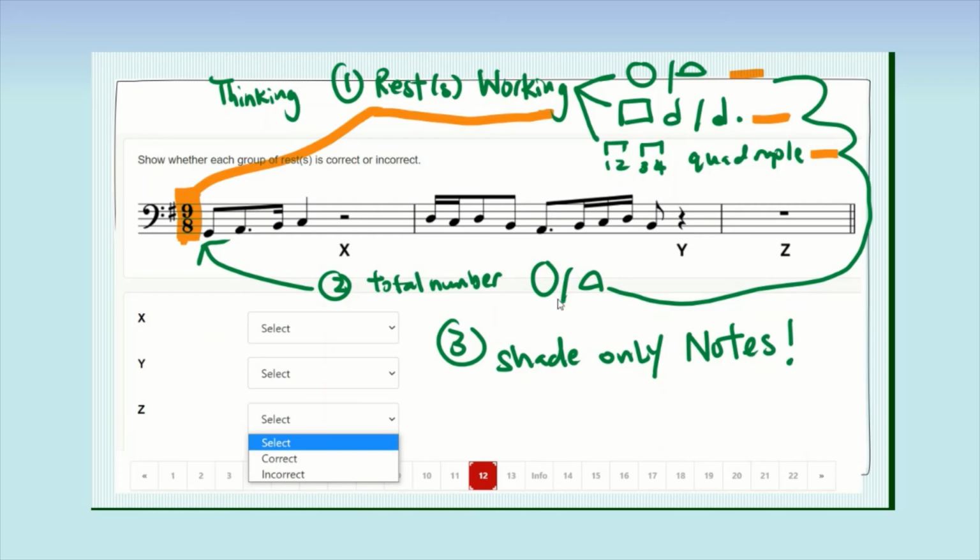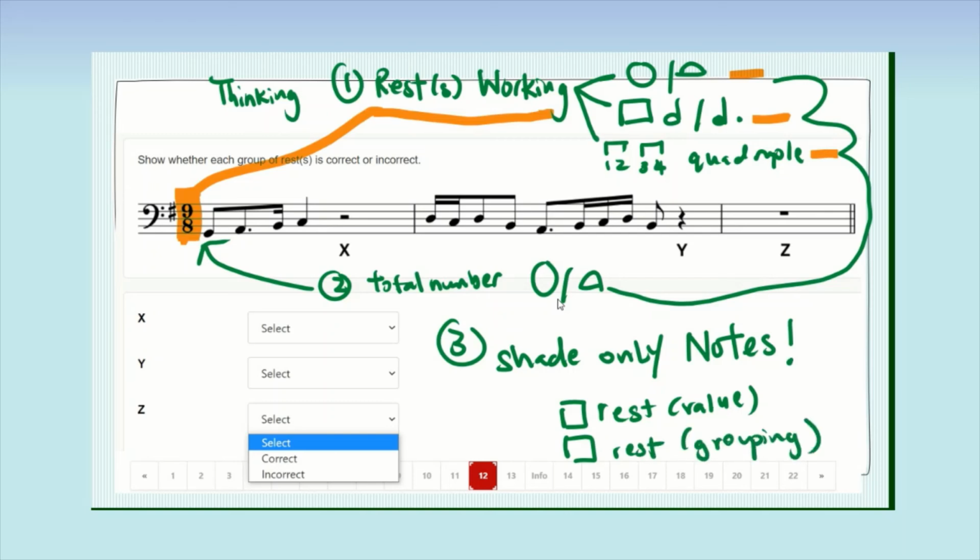Then you can think about whether the rests are grouped correctly or not. So two things you are tested for in this question. Number one, whether the rests are of the correct value. And number two, whether the rests are of the correct grouping.